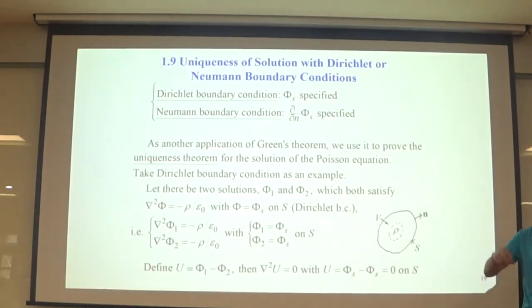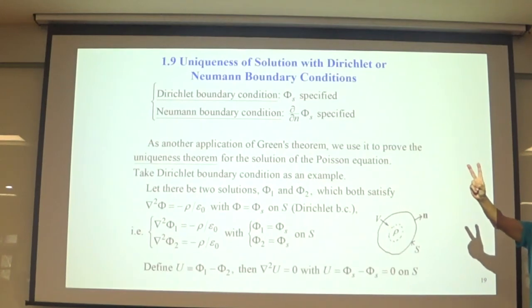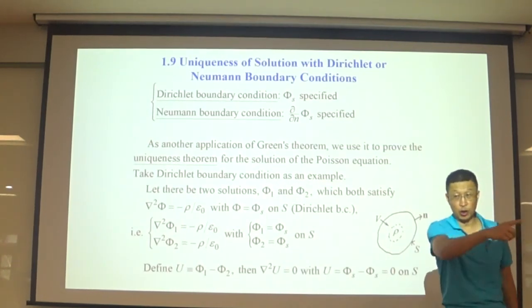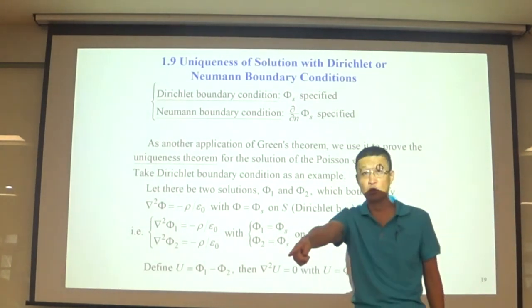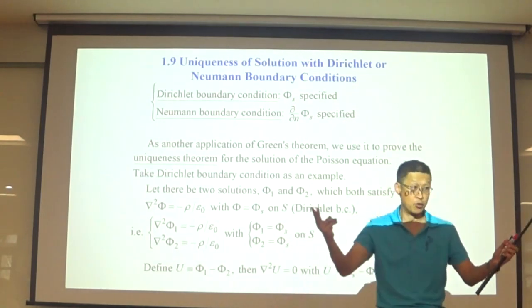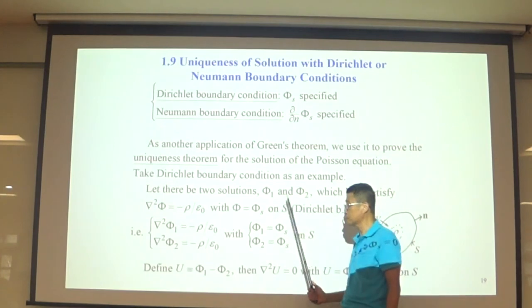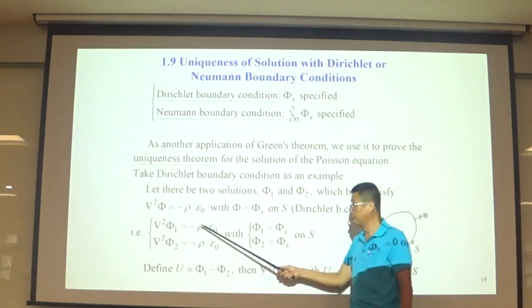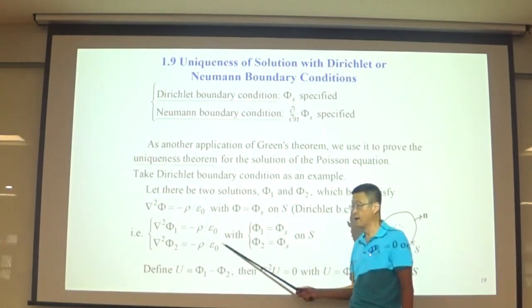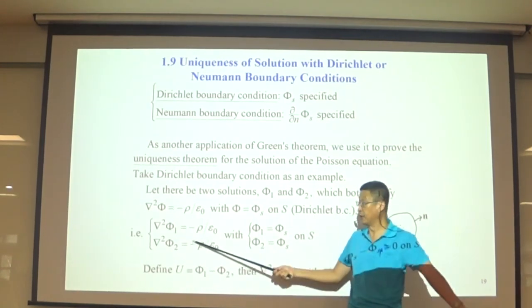And assume we have two solutions. For example, you found a solution, phi 1. You found another solution, phi 2. Phi 1 must satisfy Poisson's equation. Phi 2, the same.